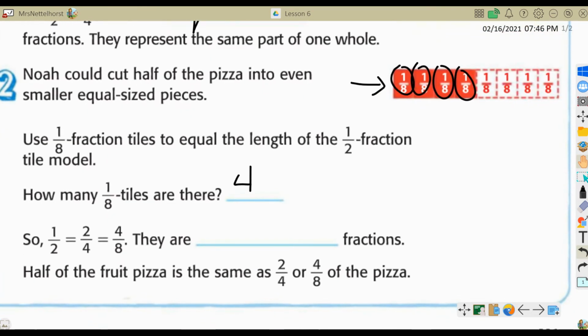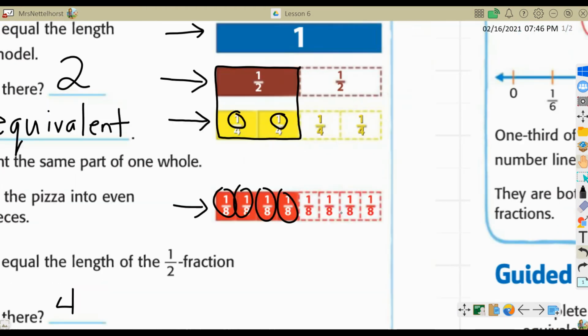So 1/2 is the same as 2/4 is the same as 4/8. They are equivalent fractions. Half of the fruit pizza is the same as 2/4 or 4/8 of the pizza. Okay, let's continue on to the next page.